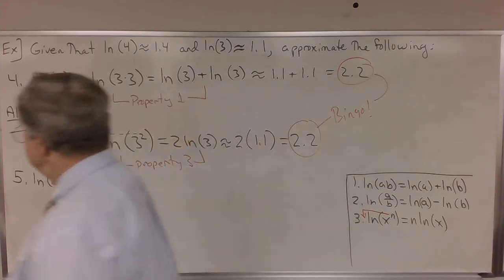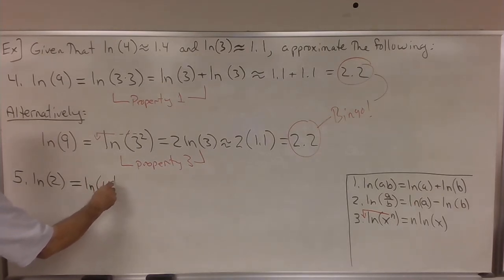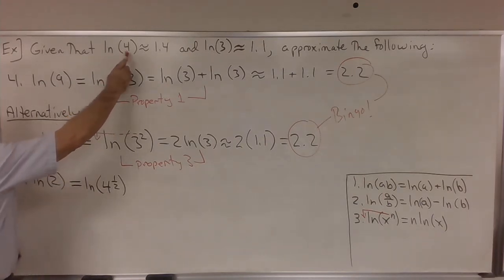And I'm going to go with number 3, that property. I'm going to write natural log of 2 is equal to natural log of 4 to the 1/2 power, because I know that the square root of 4 is 2, and I know what the logarithm of 4 is. So I took the logarithm of 2 and wrote it in terms of 4, because I know about the logarithm of 4.